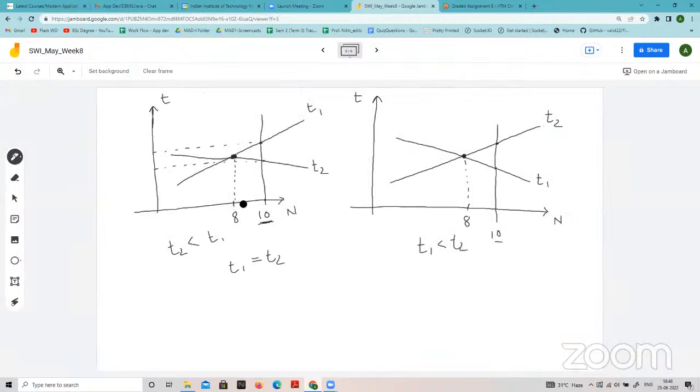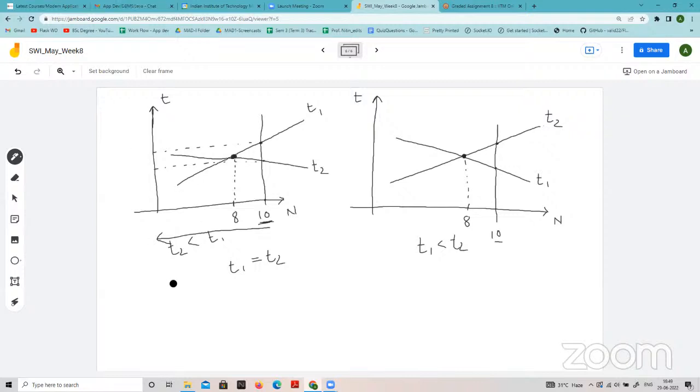From 8 till ahead, after 8, I can say that T2 is better. But before 8, T1 is better, right? So for input size less than 10, I cannot simply comment what is actually happening. It is very important to understand the range where one function is performing better than the other.